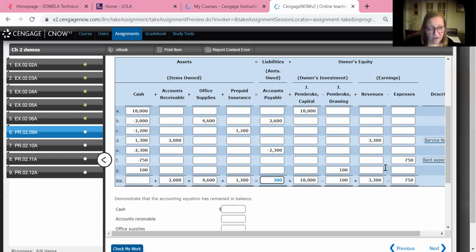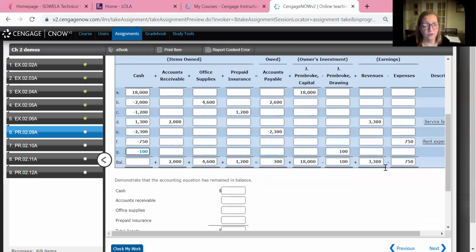Okay. And so then the only other one I need is the cash account. And that's the one that has the most activity. So I had an $18,000 increase, then 2,000 decrease, 1,200 decrease, 1,300 increase, 2,300 decrease, 750 decrease, and a $100 decrease, because that was back there where we withdrew cash.